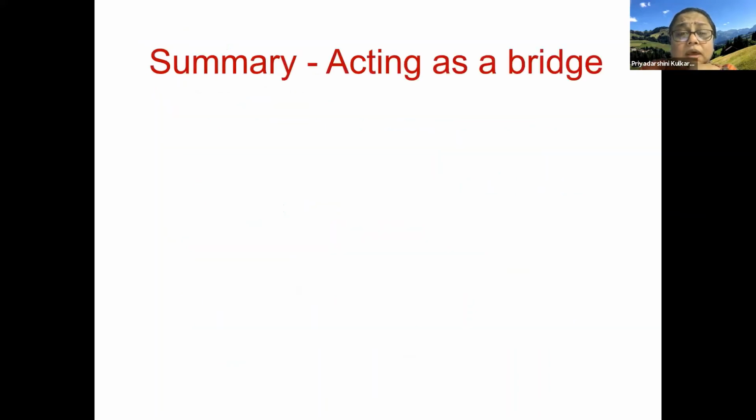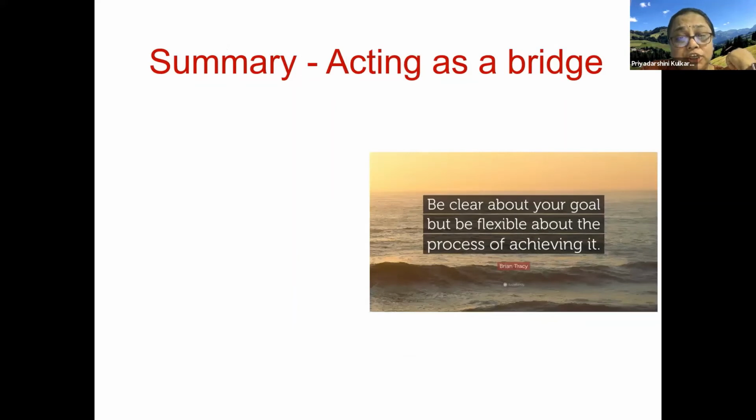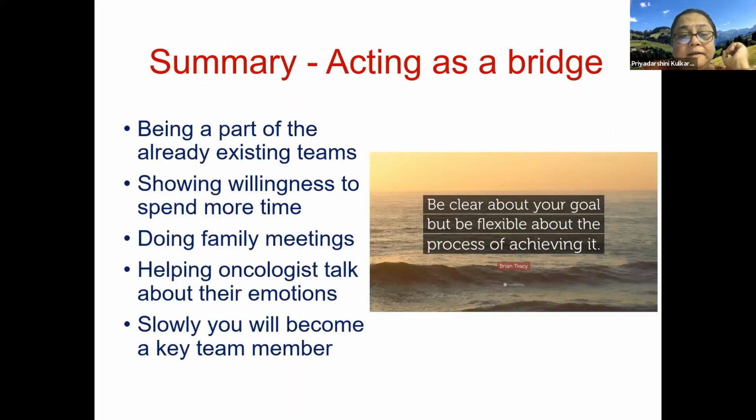So when we have to ask about starting a palliative care service, we have to act like a bridge. We have to be clear about our goal, but be flexible about the process of achieving it. Being a part of already existing teams is the key. Showing willingness to spend more time may help.